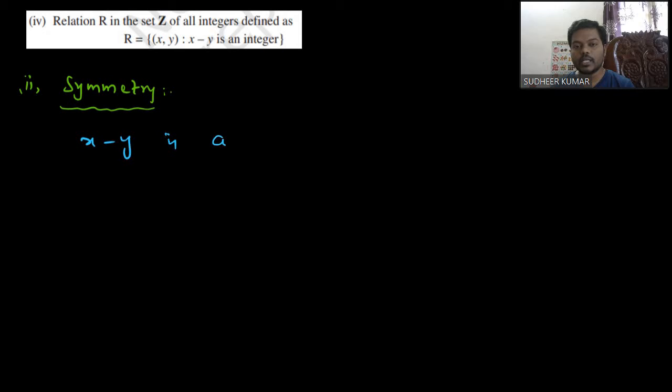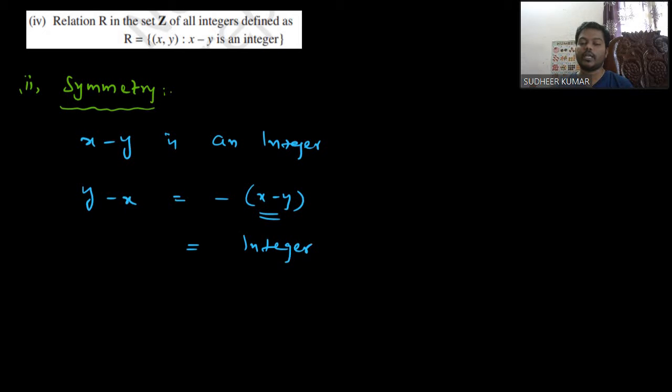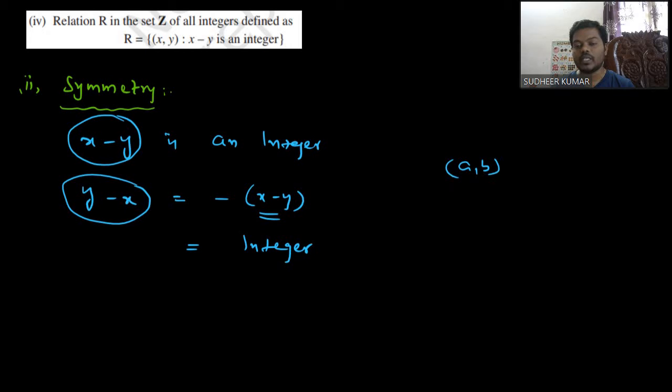X minus y is an integer. Change this to y minus x. Y minus x can also be written as minus of (x minus y). When x minus y is an integer, minus of an integer is also an integer, either positive or negative. That means when x minus y is an integer, y minus x is also an integer. So as per the definition of symmetric relation, (A, B) belongs to R implies (B, A) belongs to R. Therefore, R is symmetric.